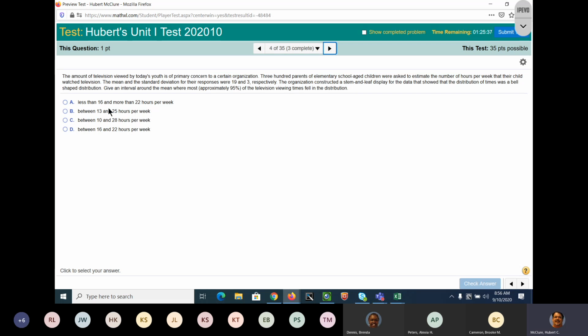The amount of television viewed by today's youth is of primary concern to a certain organization. 300 parents of elementary school-age children were asked to estimate the number of hours per week that their child watched television. The mean and standard deviation for their responses were 19 and 3.